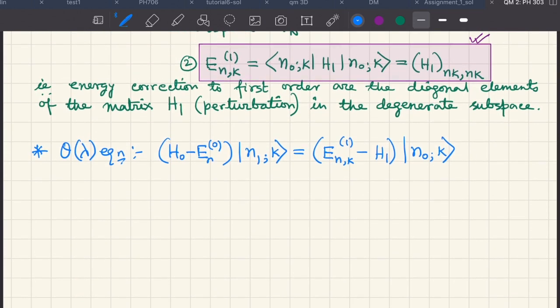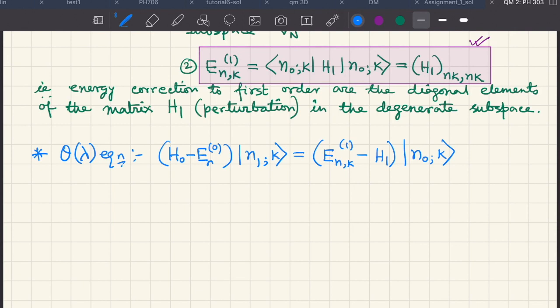So what you do is that you operate with bra P0. Remember, this P0 were the elements of V tilde. So you operate this bra P0 from the left side on this equation, and let us see what we get.